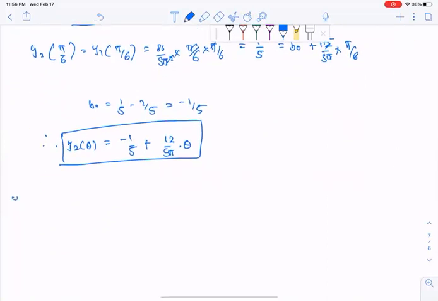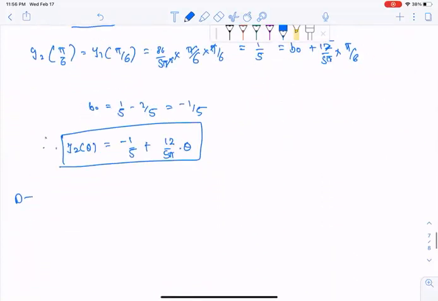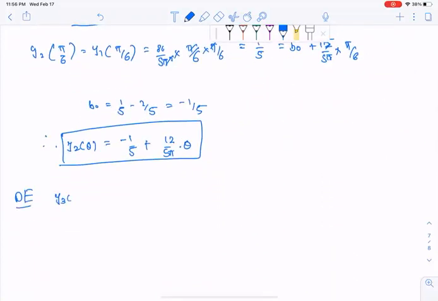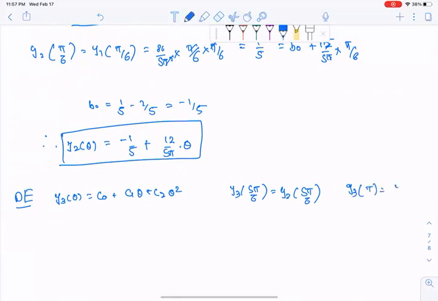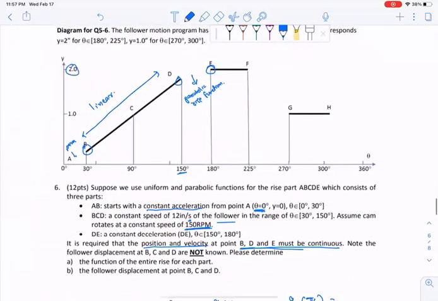Now let's write the third parabolic rise function, and that will be from d to e. Y3 theta will be c0 plus c1 theta plus c2 theta square. Now let's write the boundary conditions. So y3 of 5 pi by 6 is equal to y2 of 5 pi by 6, y3 of pi is going to be equal to y4 of pi, and that is 2 inches over here.